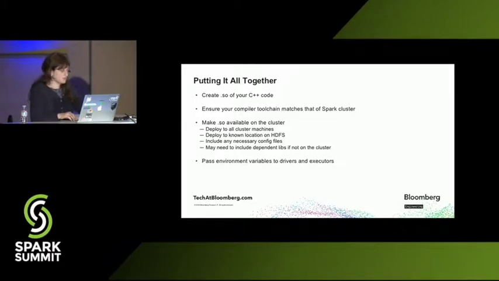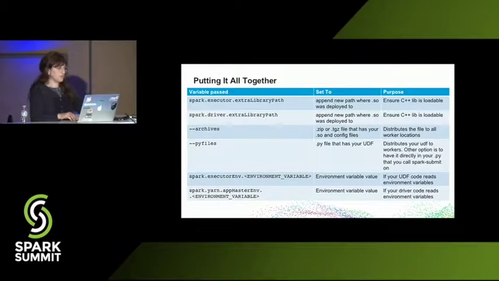So all the options that would be relevant here would be things like the Spark executor extra library path, which will tell it where to pick up the C++ libs on the executors. You have the same thing for the driver. The --archives option lets you pass your shared object out to the entire cluster.